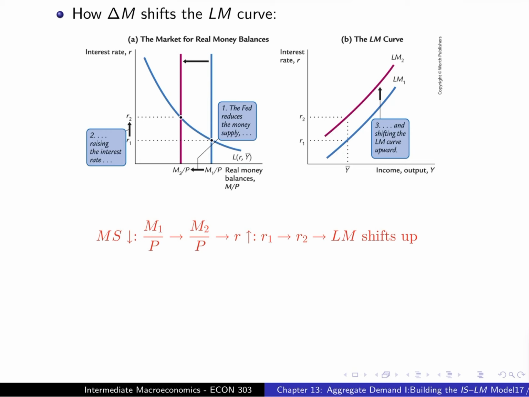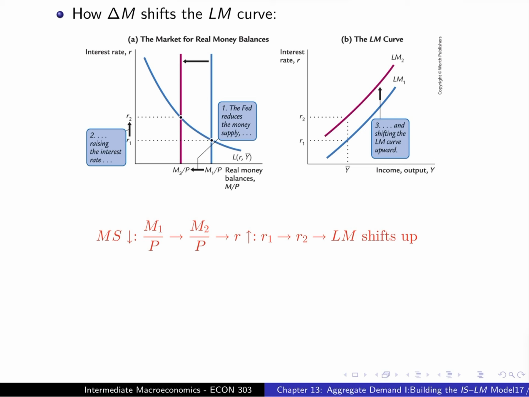Here we are examining the effects of monetary policy on shifts in the LM curve. When the central bank reduces the money supply, the supply of real money balances M over P shifts to the left. In the money market graph, left side, the vertical money supply line shifts from M1 over P to M2 over P. At a fixed level of income, this creates excess demand for money.